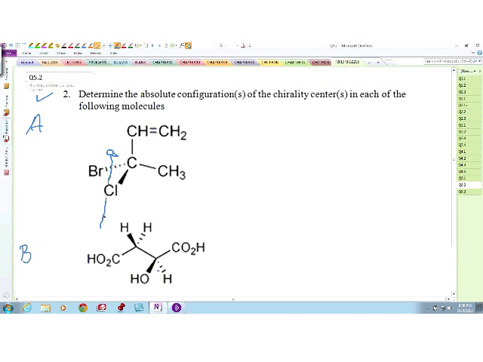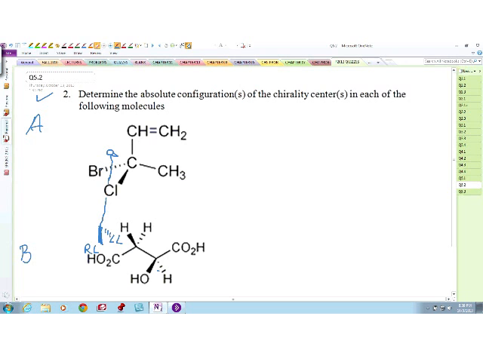Okay, looking directly right there. That means if I'm looking directly at this carbon here, this here is my left leg, and this here, if you can believe that, is my right leg.